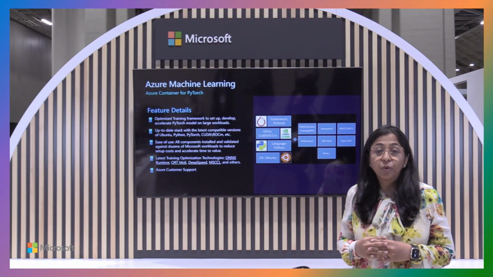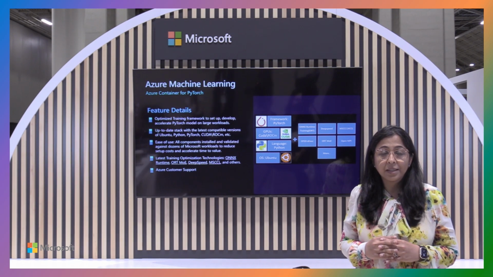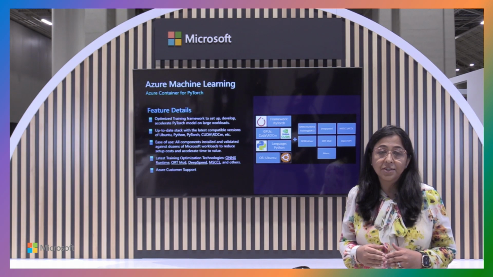And so what ACPT tries to do is take away the load from the researchers in terms of trying to figure out what are all the various packages that I need to install to get my workflow running, and focus mostly on the research task itself. So it has helped to ease the burden and make it easier setup and repeatable training.